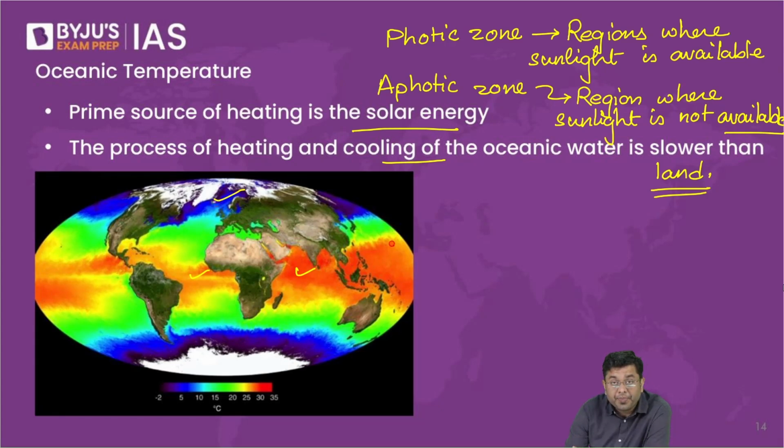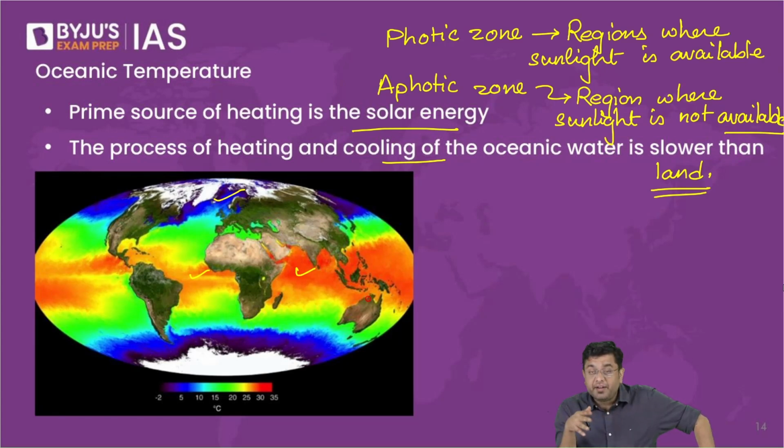Okay, now let us take a look at the various different factors, because if you take a look at the distribution of oceanic temperature, this oceanic temperature in the horizontal aspect from one region to another will vary. For example, the oceanic temperature that you observe around the region of the equator will be much warmer than what you observe, let's suppose, in the region around the poles. It will be much colder. So that oceanic temperature is influenced by multiple factors.